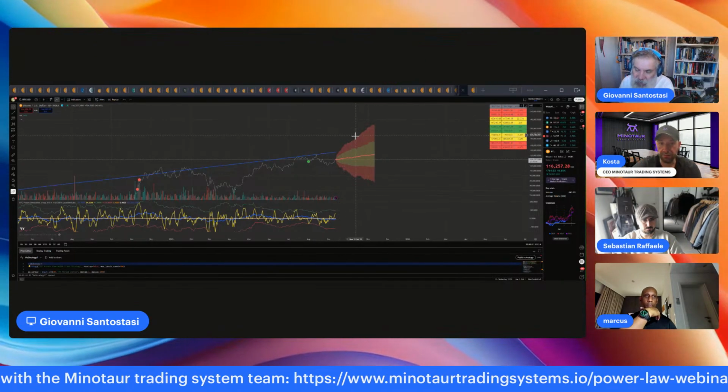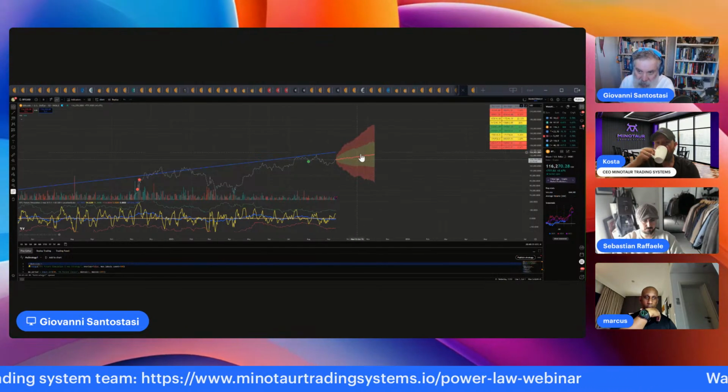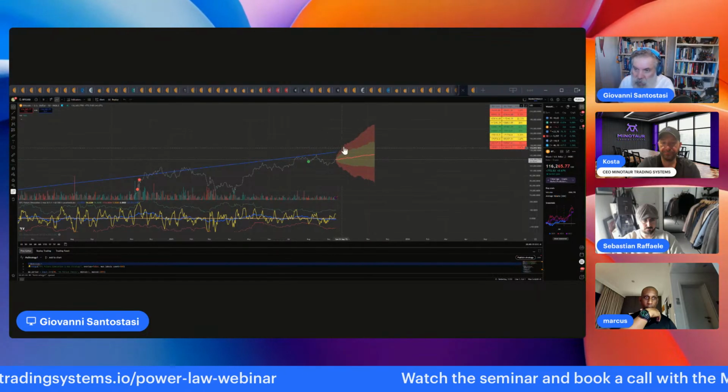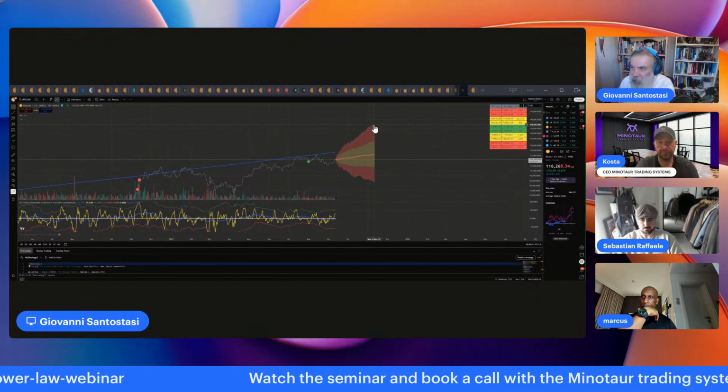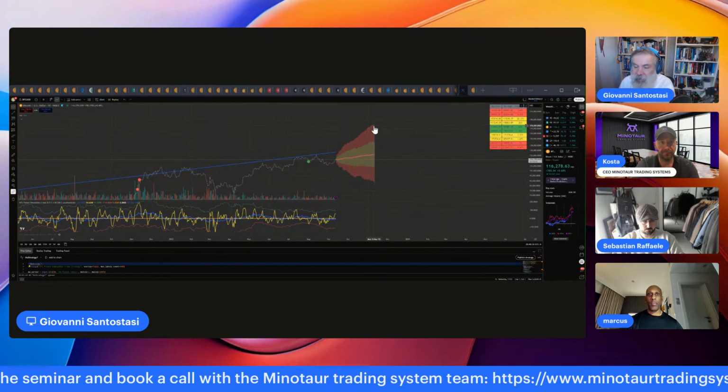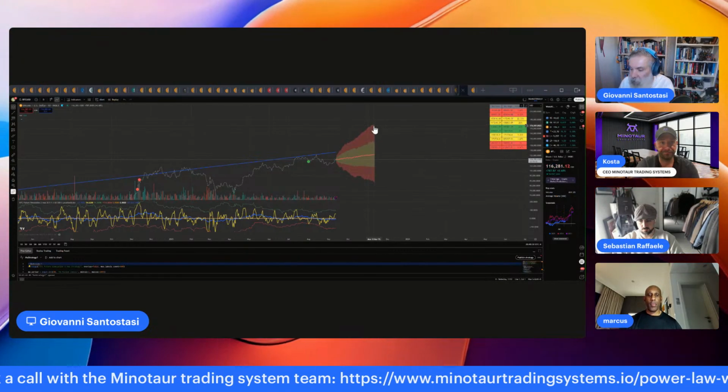So one of the most extreme paths that I got, I think I'm running about 500 simulations right now, went all the way here. So in the next month, we are going to 178 in kind of mid-November.